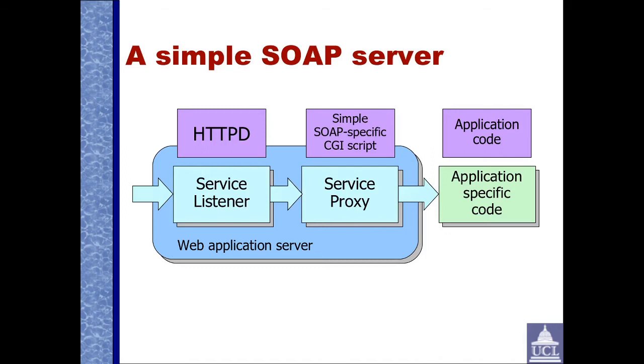Now, both SOAP and REST actually have some fairly major limitations. And those limitations revolve around the fact that the service provider needs to have a very clear idea about what the client is likely to pass to them and request from them.